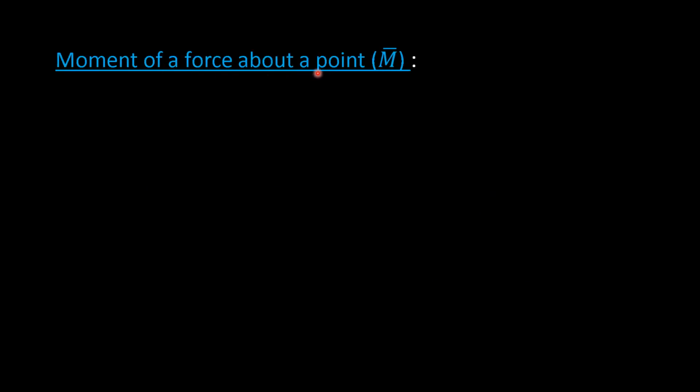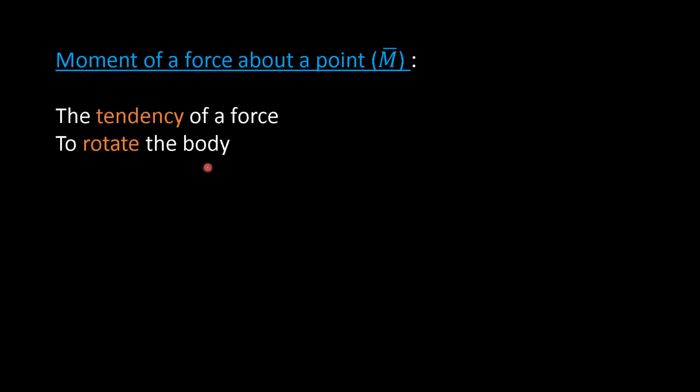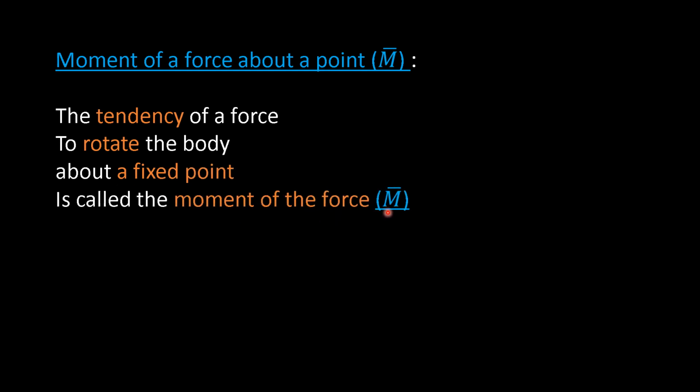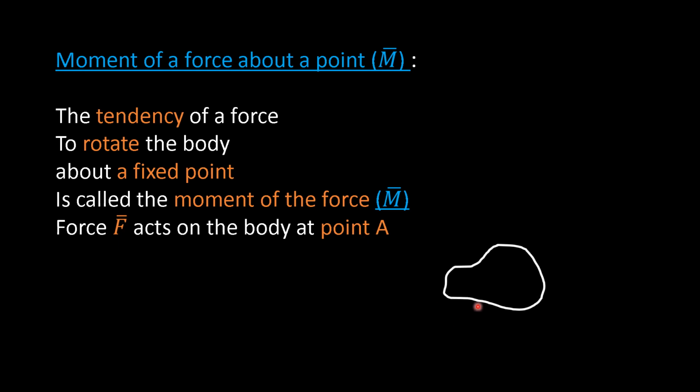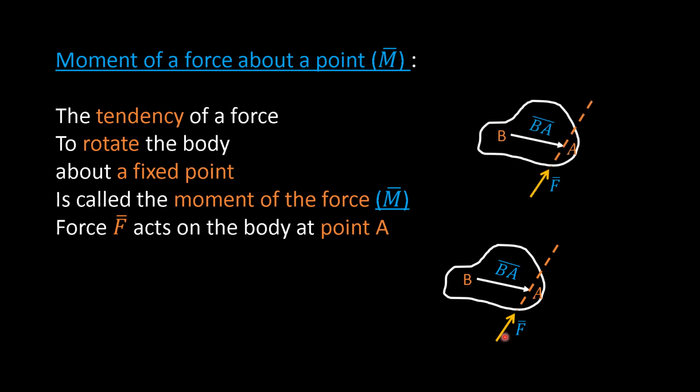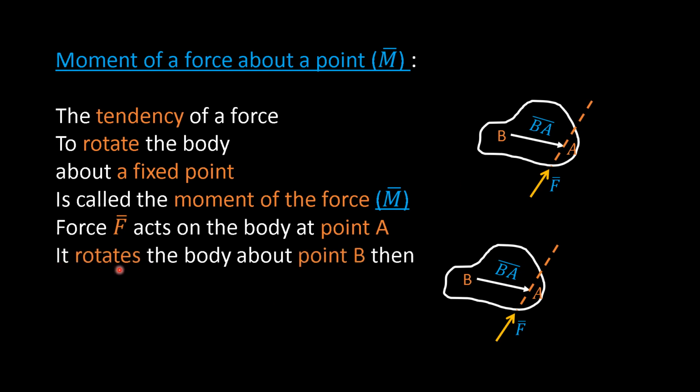Moment of a force about a point, M bar. The tendency of a force to rotate the body about a fixed point is called the moment of force, M bar. Force F bar acts on the body at point A. So this is the body, this is point A, and force F bar acts on the body at point A. Now this force has tendency to rotate the body about point B. So force F bar rotates the body about point B like this.